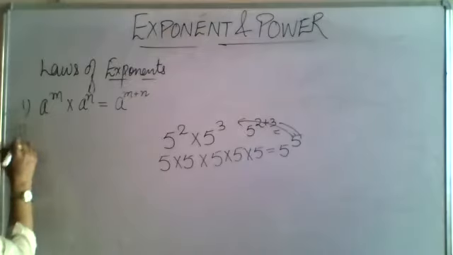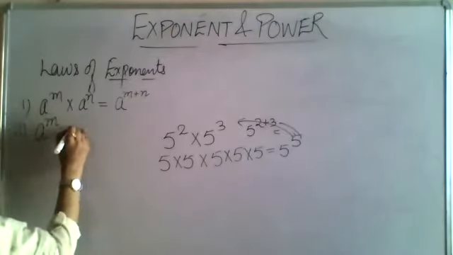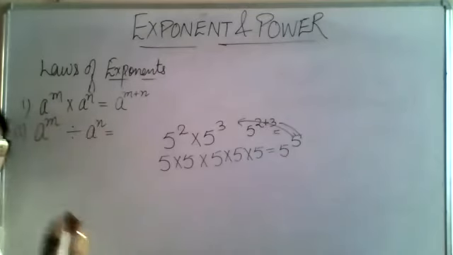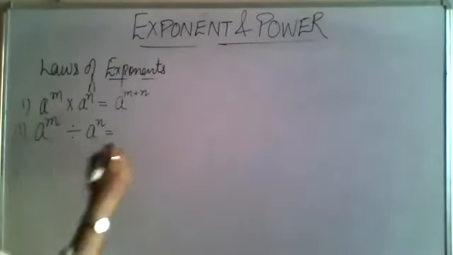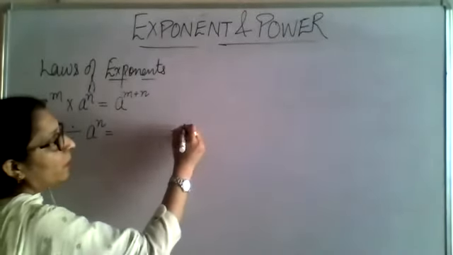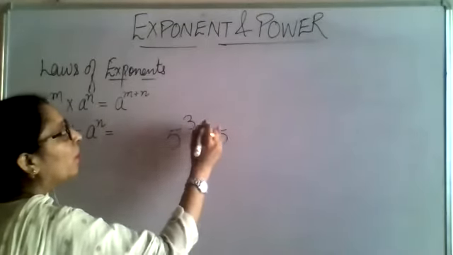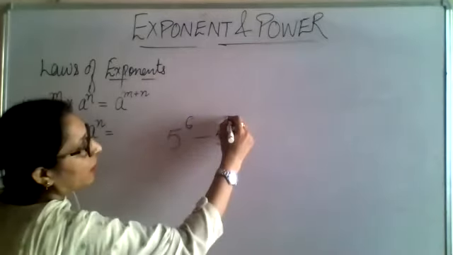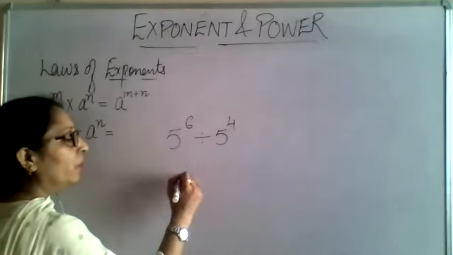Next law: a raised to power m divided by a raised to power n. Let's see what will come. Same number, I will take 5 raised to power 6 and 5 raised to power 4. How will a child do it?